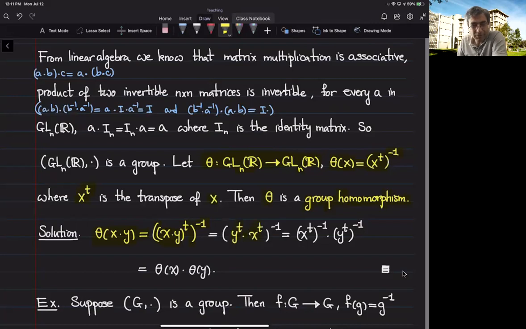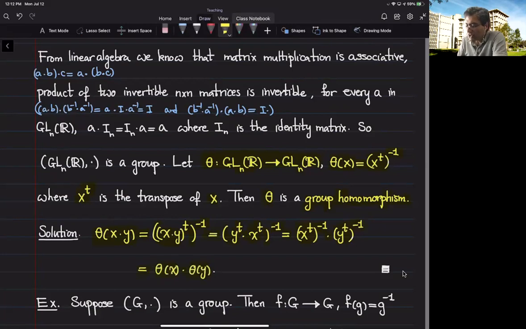It flips the order of multiplication. And then I need to look at the inverse of this. That is the same as the inverse of the second matrix times the inverse of the first matrix. So x transpose inverse times y transpose inverse. And from here, we deduce that it is theta of x times theta of y.